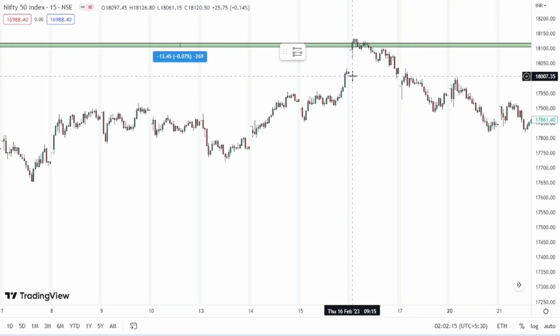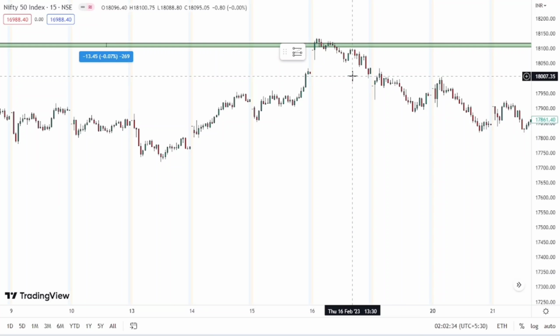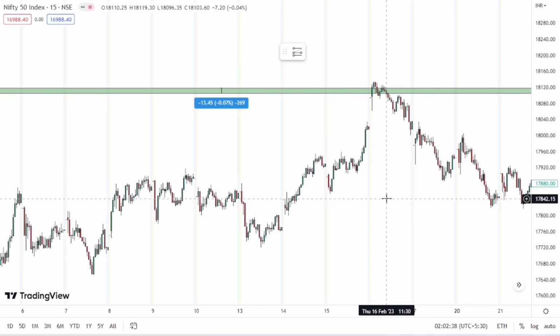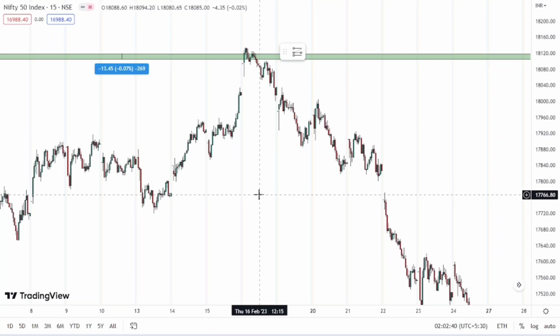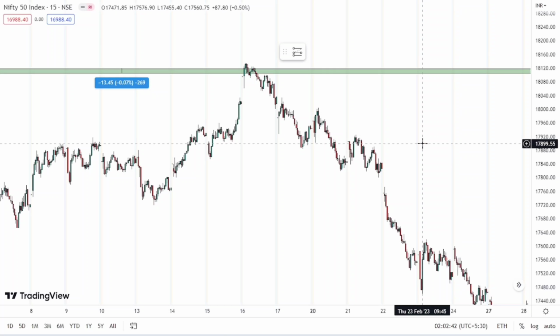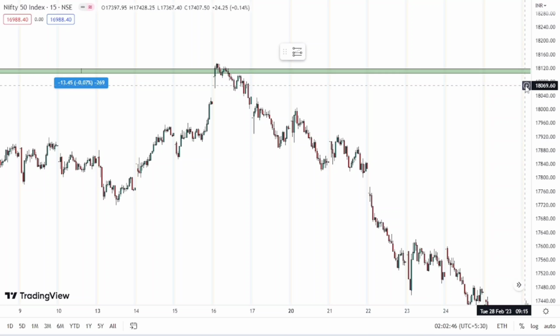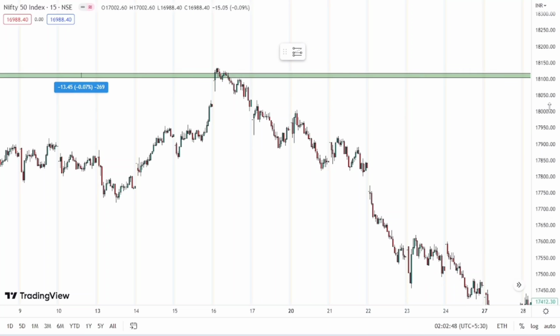In future, Thursday, 16th February 23, 9:15 a.m., the candles retest the supply zone many times and go down very aggressively from the point of 18,120.